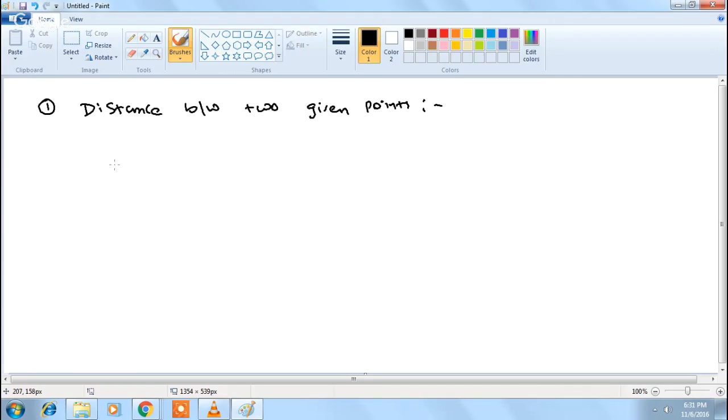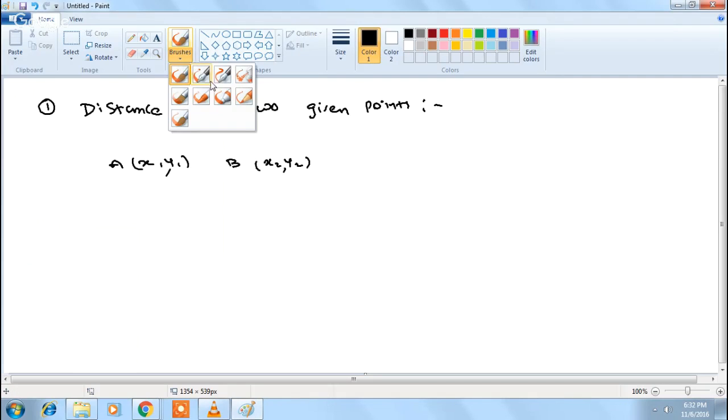So let us suppose capital A (x1, y1) and capital B (x2, y2) are two different points.